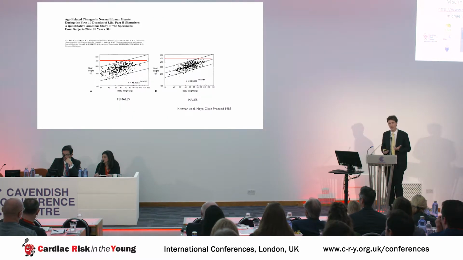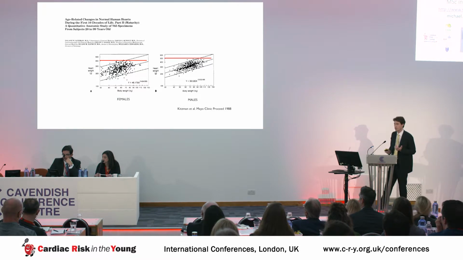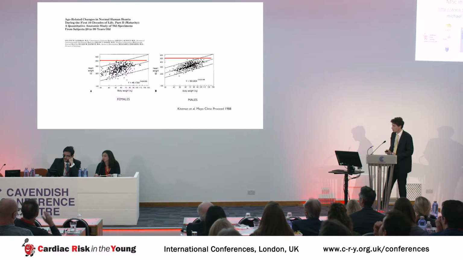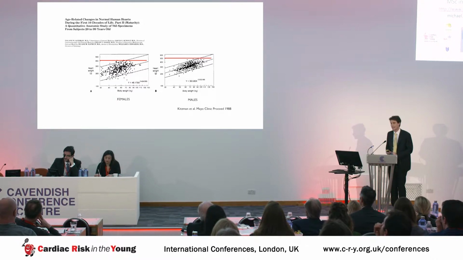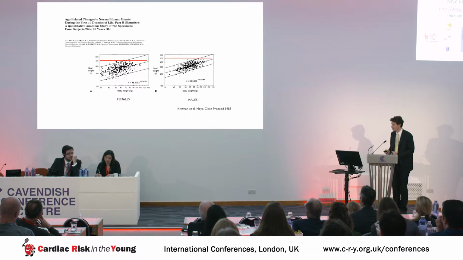So how do we say that more than 500 grams in males and more than 400 grams in females is abnormal? Generally, we refer to the seminal study by Kitzman et al. from the Mayo Clinic, published 30 years ago, which described more than 700 specimens of individuals who died without any cardiac disease.